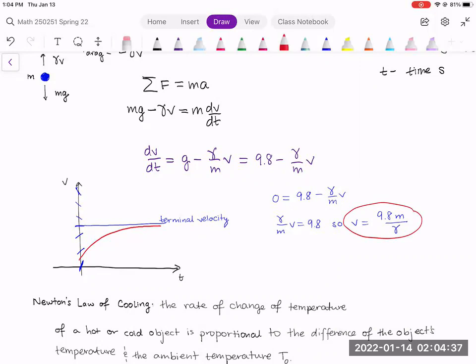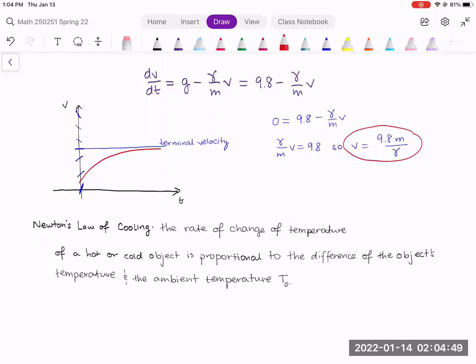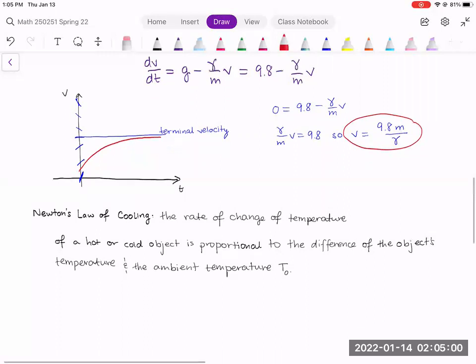If our mass is larger, then our terminal velocity is going to be bigger. And if we had thrown it at exactly the terminal velocity, it'll just stay with that velocity for all time. Next up, we're going to look at Newton's law of cooling.